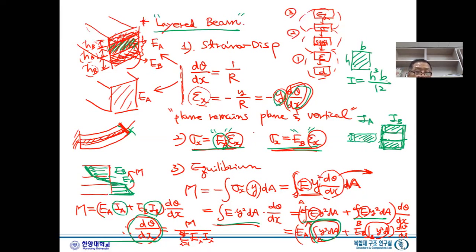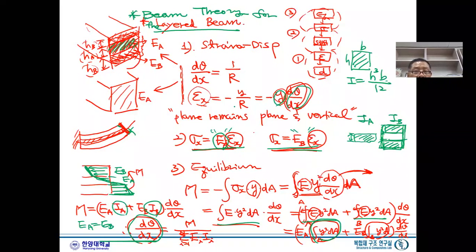So if EA equals EB, then this equation will become the same as the beam theory for one material. Again, this is the beam theory for the layered beam. Layered beam, this is again extremely important.